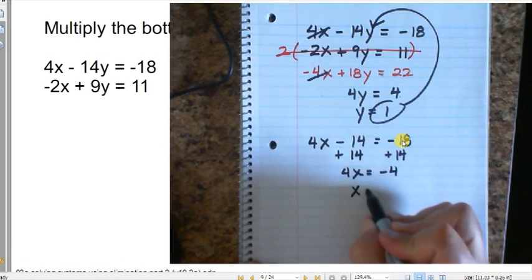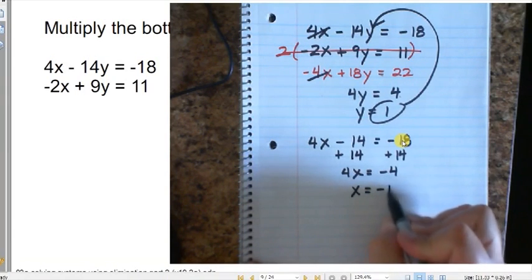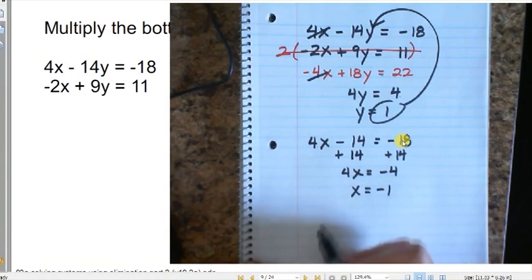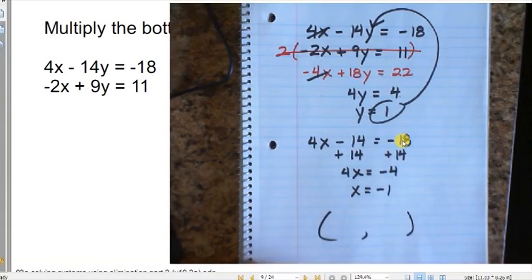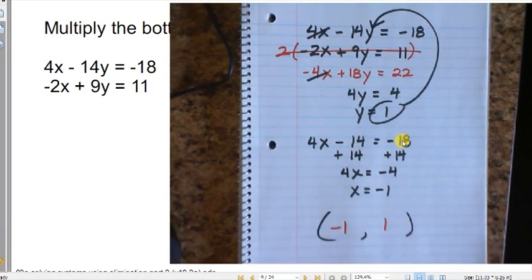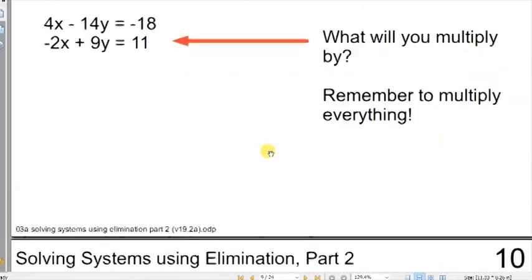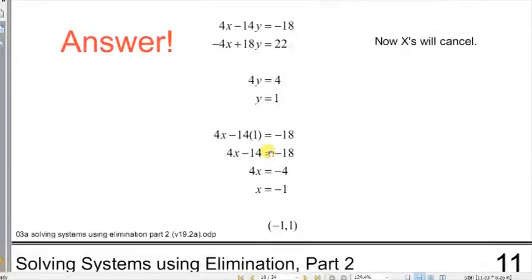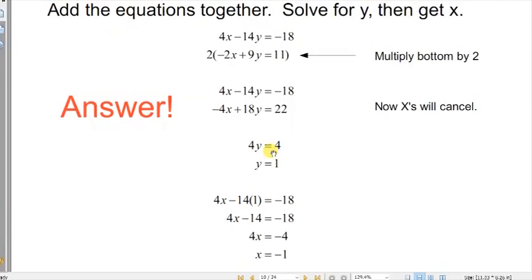So x equals negative 1. So what's my final answer here? Negative 1, comma 1. Negative 1, comma 1. There it is.